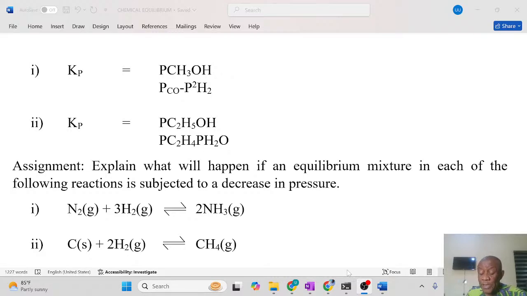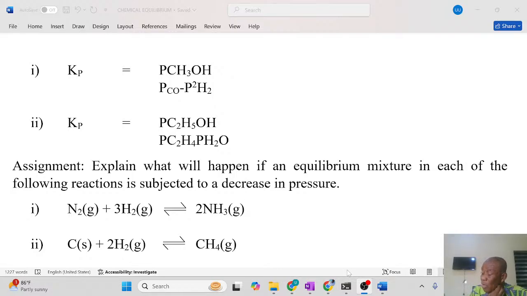Kp for the first will be P(CH3OH) over P(CO) times P(H2) squared, and for the second, Kp will be P(C2H5OH) over P(C2H4) multiplied by P(H2O).